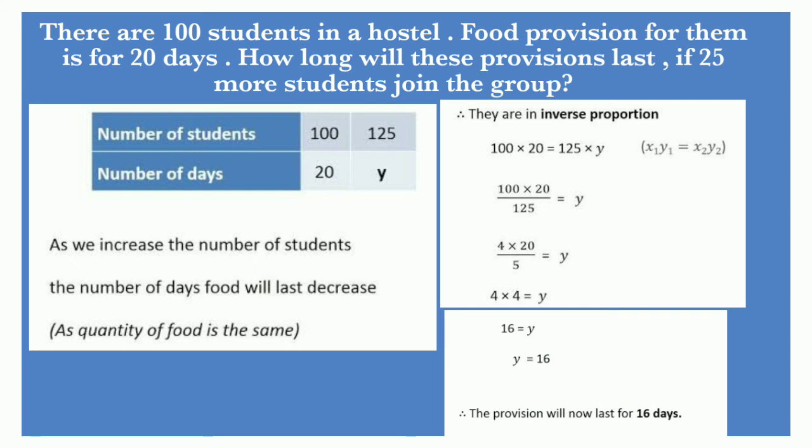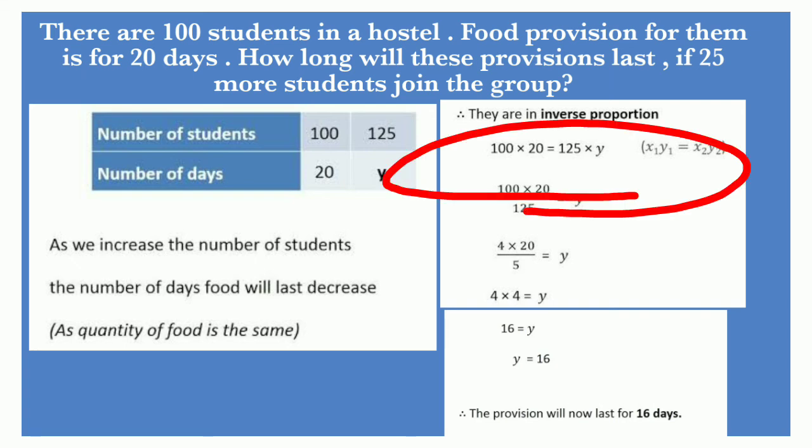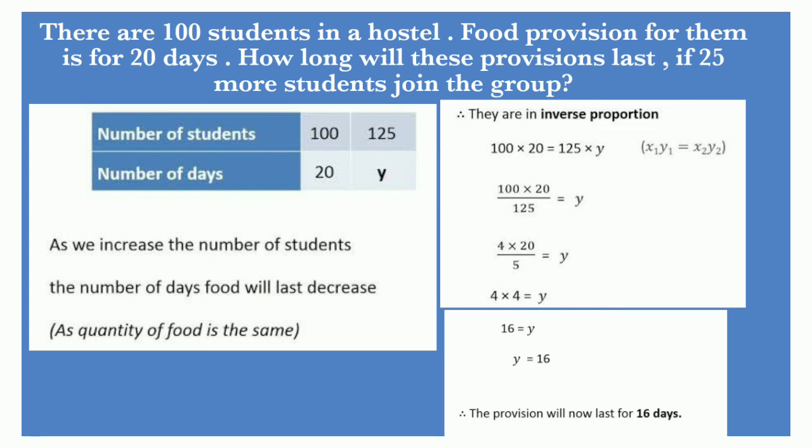So it is in inverse proportion, so we can write x into y is equal to k. So 100 into 20 is equal to 125 into y. Then cross multiply, you will get y equal to 100 into 20 divided by 125. So you will get y equal to 16. Therefore, the provisions will now last for 16 days.